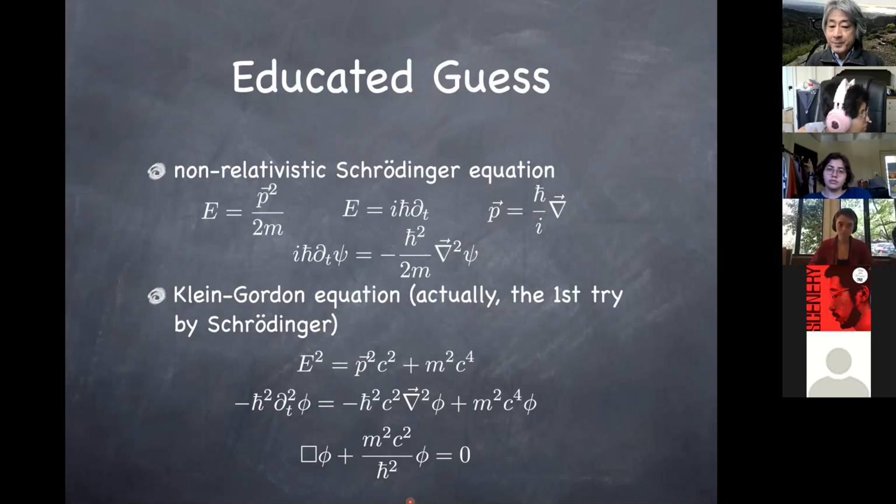It turns out the Klein-Gordon equation describes a spinless particle, a spin-zero particle. It doesn't have a spin. Therefore, it doesn't have the spin-orbit coupling. Therefore, it doesn't give you the correct energy spectrum for the actual hydrogen atom. So he got stuck. Something is wrong with this equation.